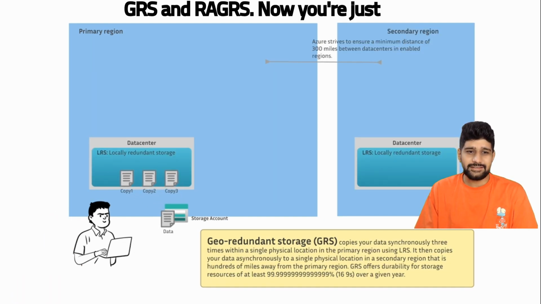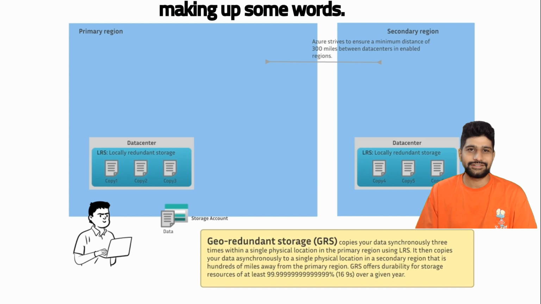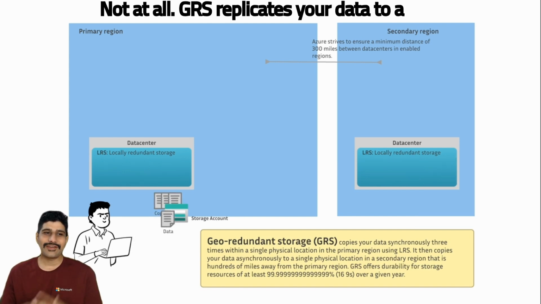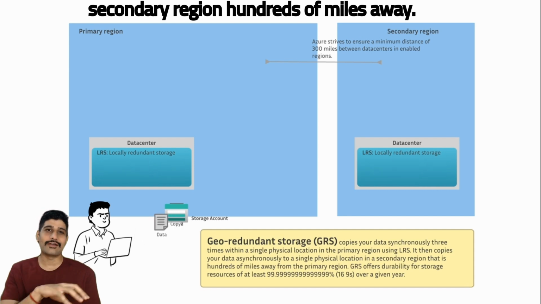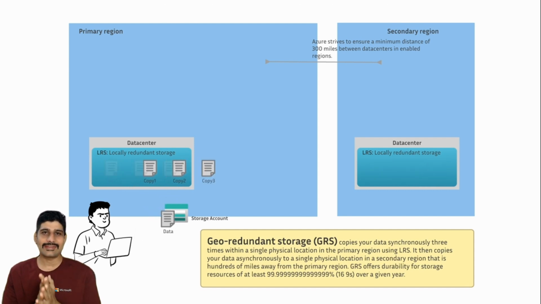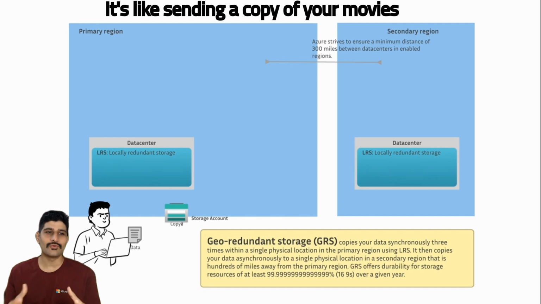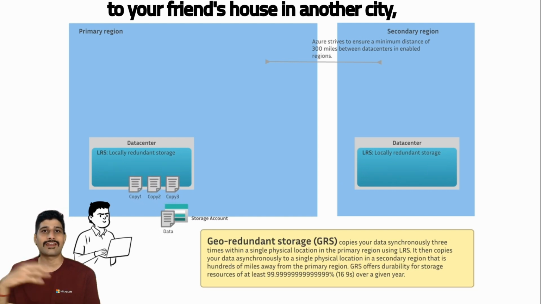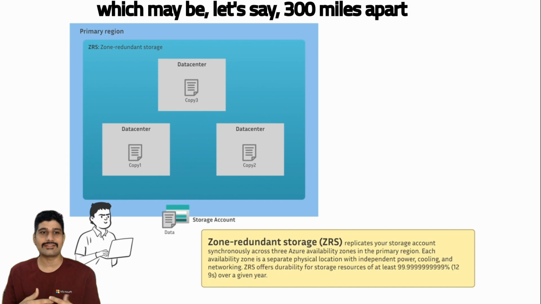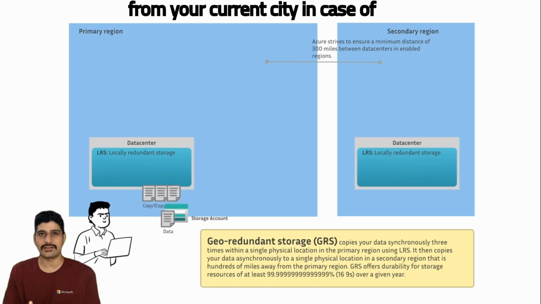GRS and RA-GRS, now you're just making up some words. Not at all. GRS replicates your data to a secondary region hundreds of miles away. It's like sending a copy of your movies to your friend's house in another city, which may be, let's say, 300 miles apart from your current city.